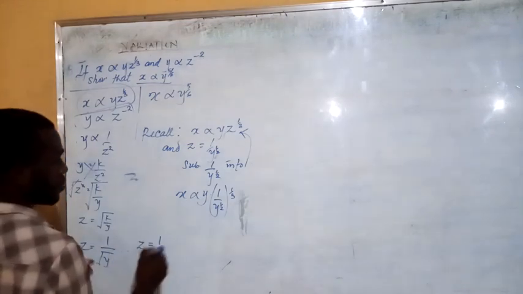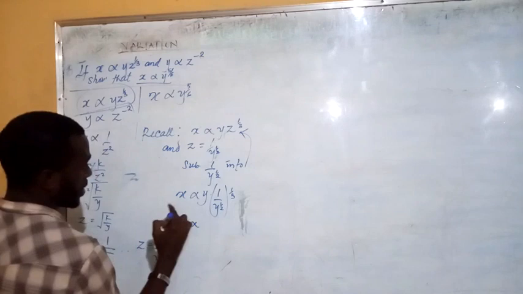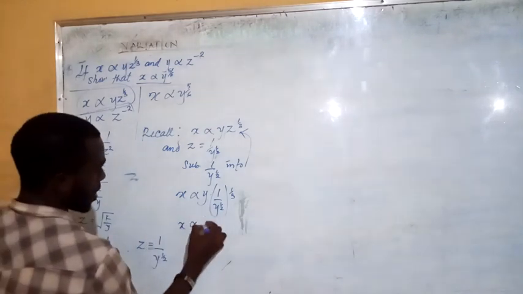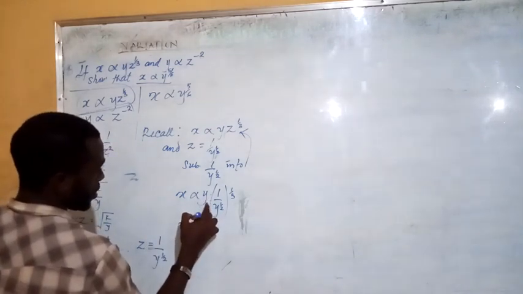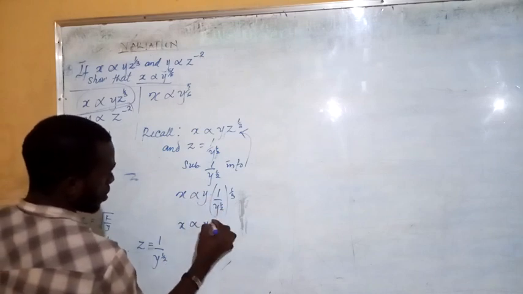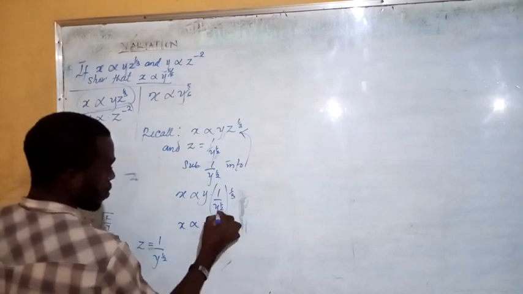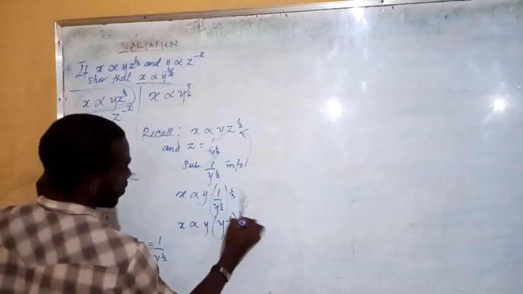So in essence, x will vary directly as y multiplied by, we can bring this up, y raised to the power minus 1 over 2, all raised to the power 1 over 3.